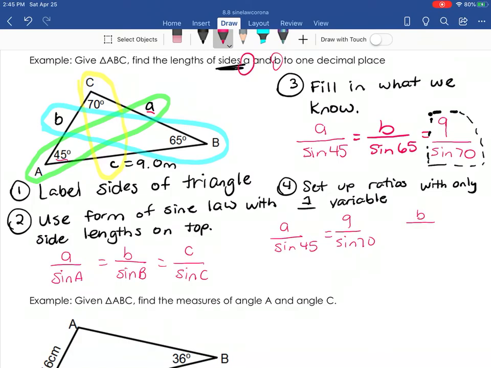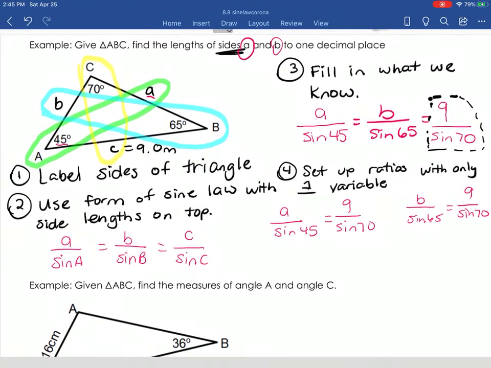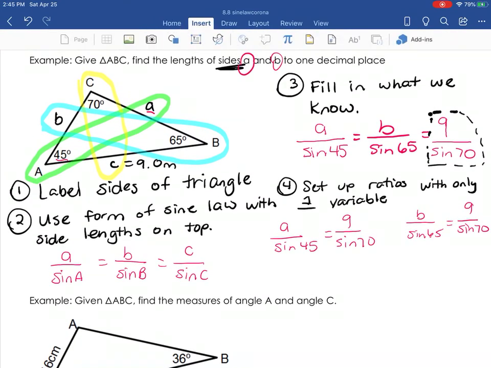So I'm going to do A over sine 45 and 9 over sine 70, and B over sine 65 and 9 over sine 70.